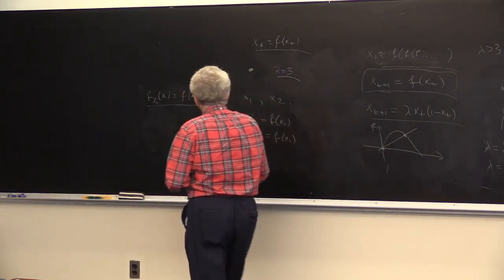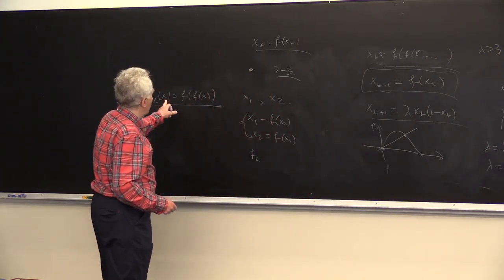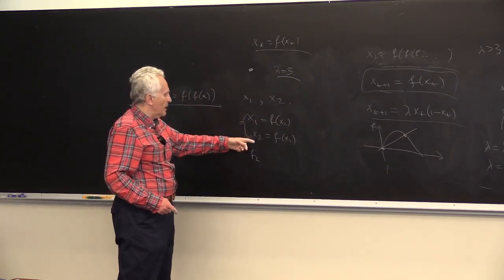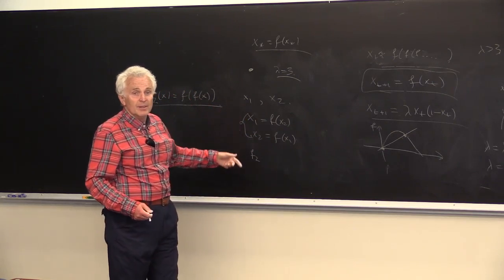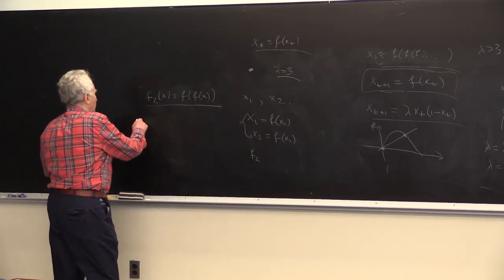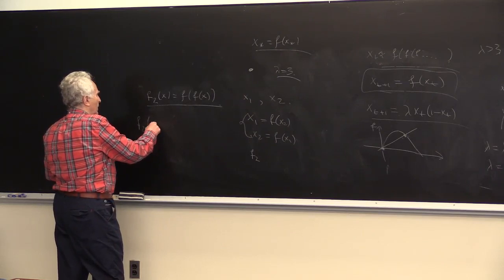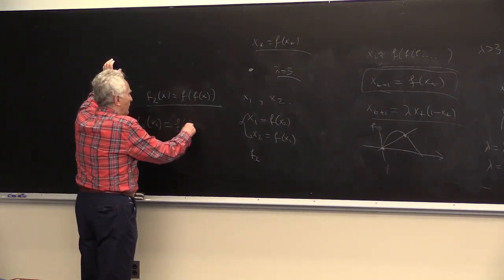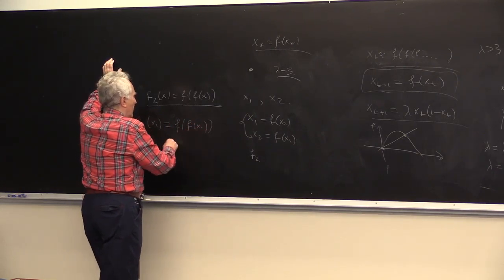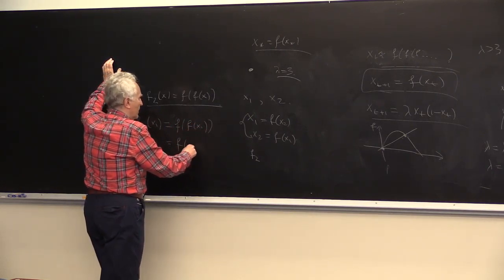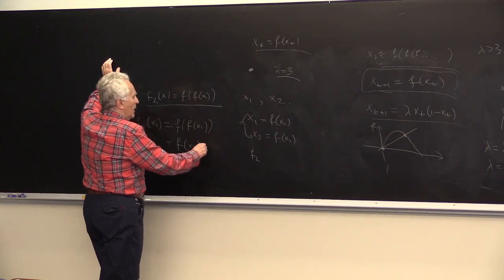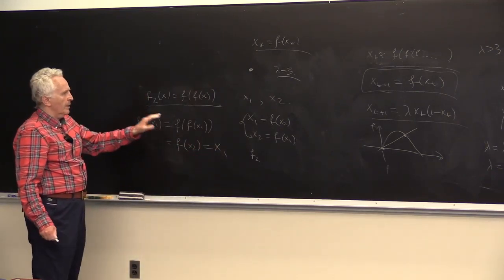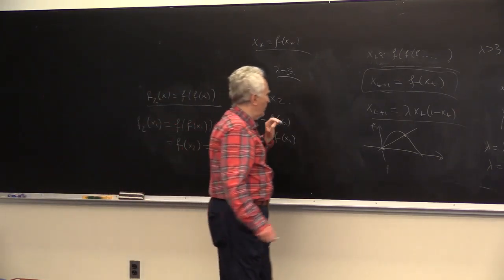In this case, this function f2 has those x1 and x2 as fixed points. You see that f2 of x1 is f of x1, it's f of x2, and this is x1. So it's all quite simple.